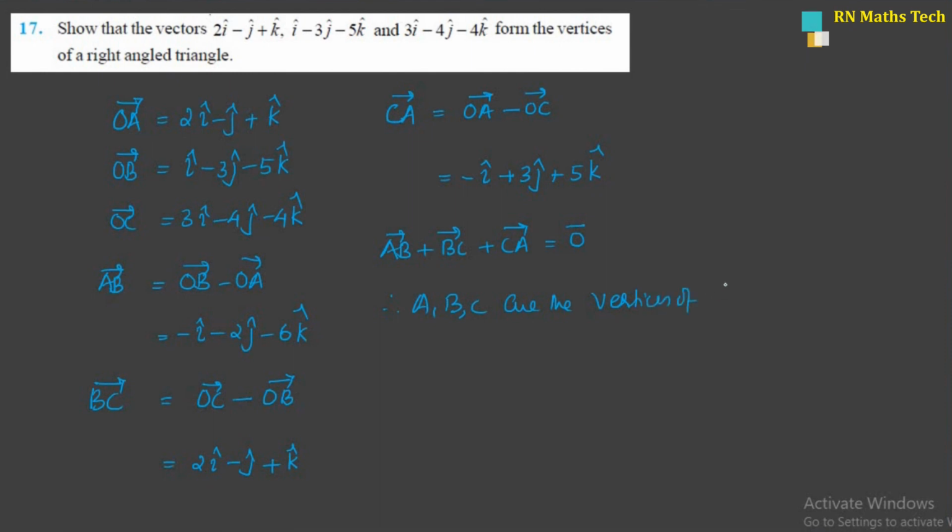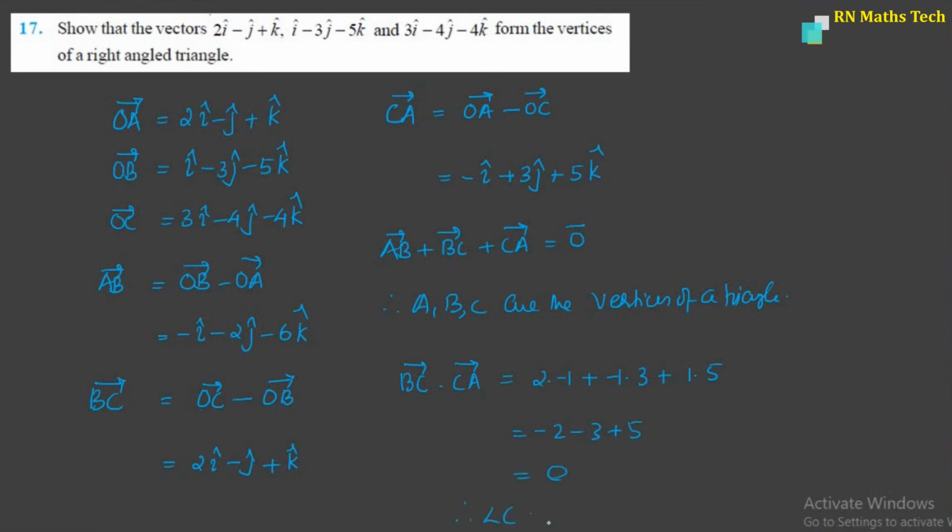Therefore A, B, C are the vertices of a triangle. Now to show that any two vectors are perpendicular, what is the dot product of BC and CA? BC dot CA is equal to 2 into minus 1 plus minus 1 into 3 plus 1 into 5, minus 2 minus 3 plus 5, that is 0.